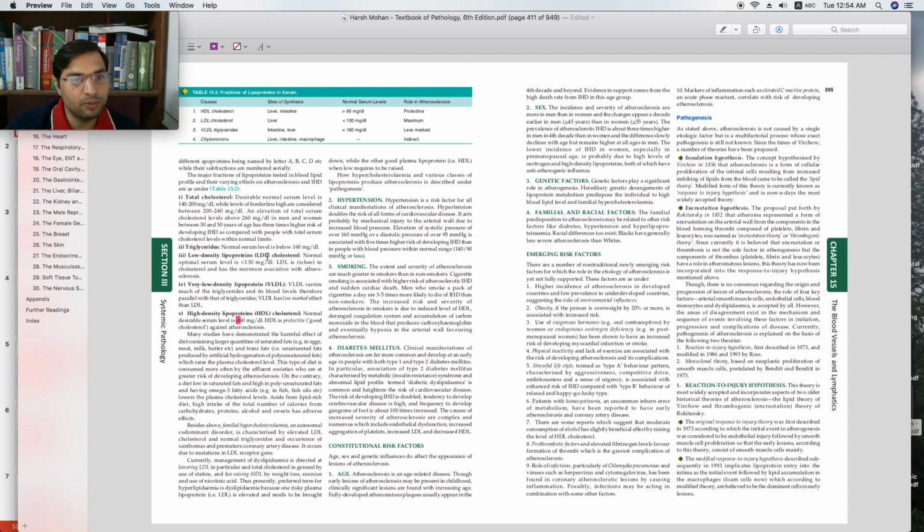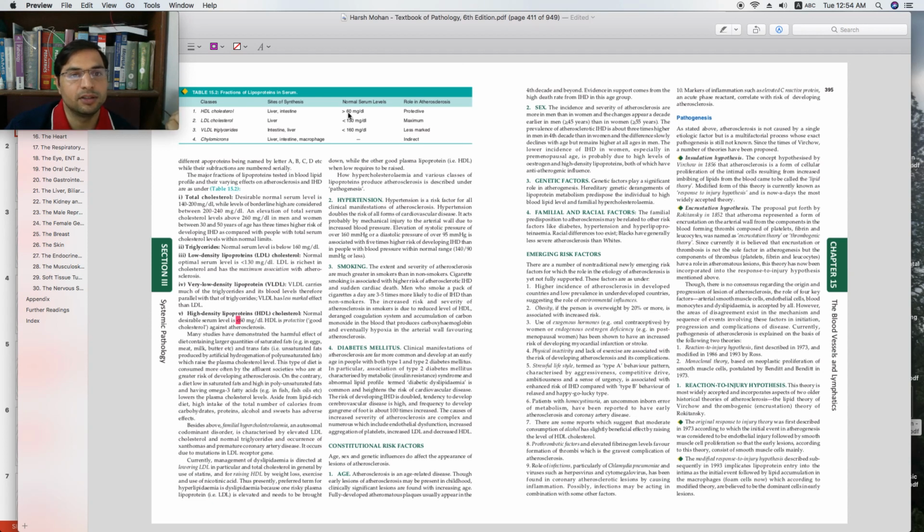Low density lipoproteins are bad lipids, and the limit is 130 mg per dl. Then very low density lipids, then high density lipoproteins, right? HDL cholesterol. High density lipoproteins are good or protective cholesterol, right? This is wrong here, it should be greater than 60 mg per dl, right? The levels should always be greater than 60 mg per dl.